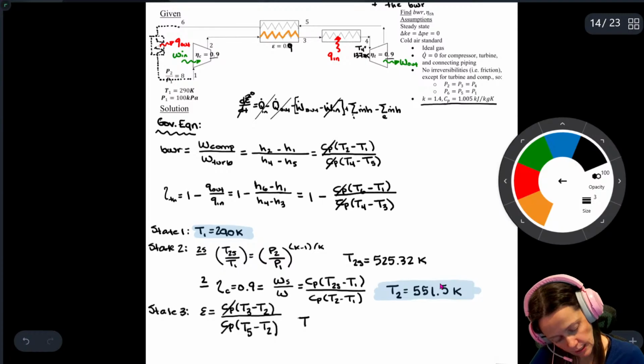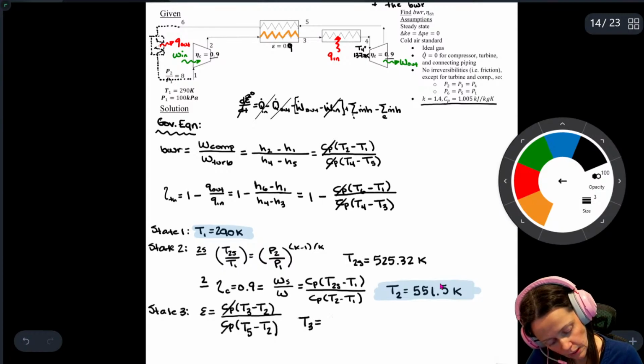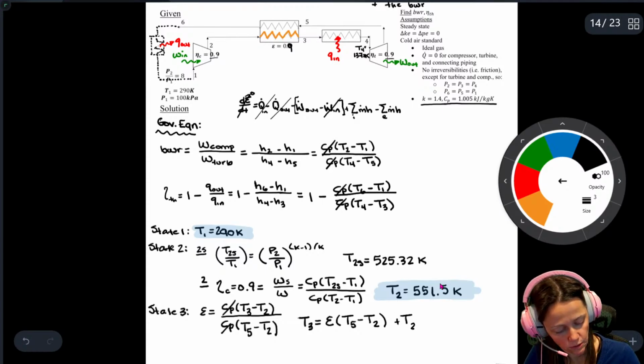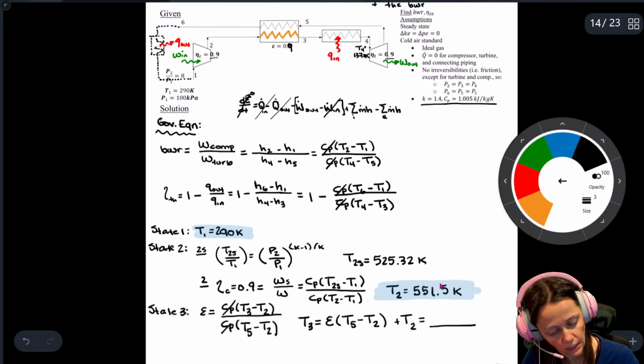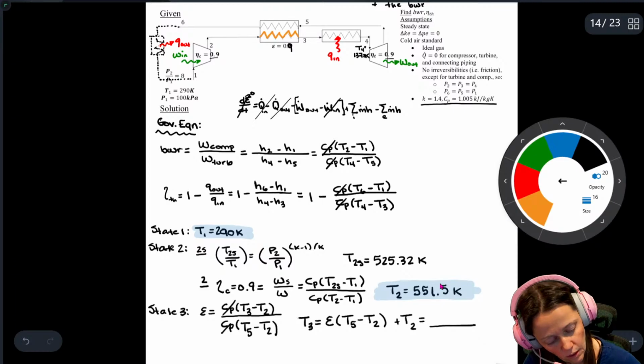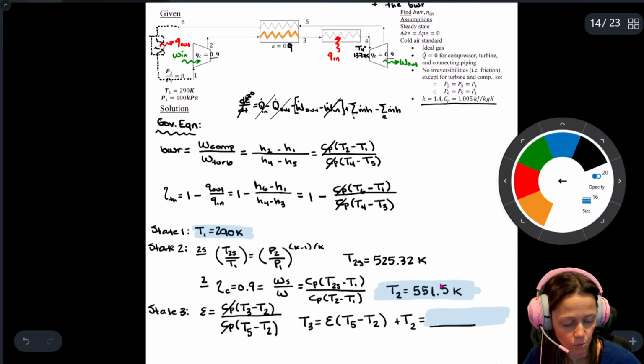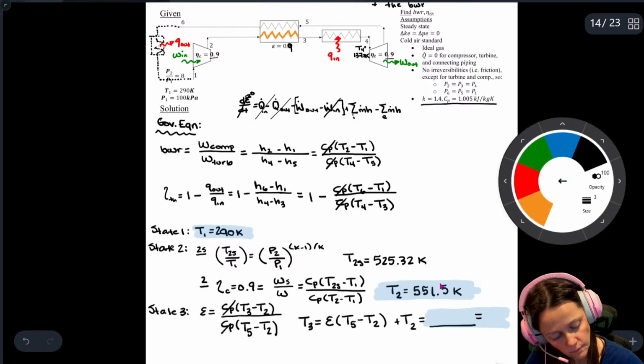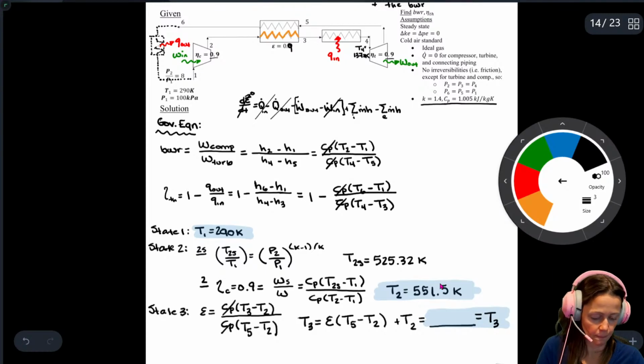That would mean your T3 is equal to the regenerator effectiveness times (T5 minus T2), plus T2. I don't know what that is yet, but I think that'll be the relationship we're going to use.